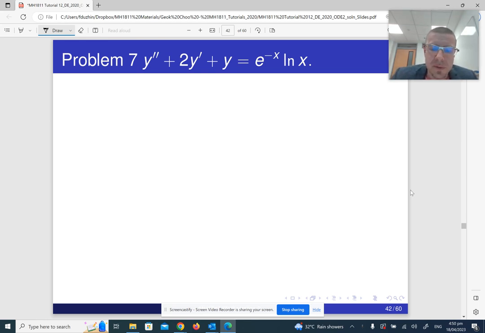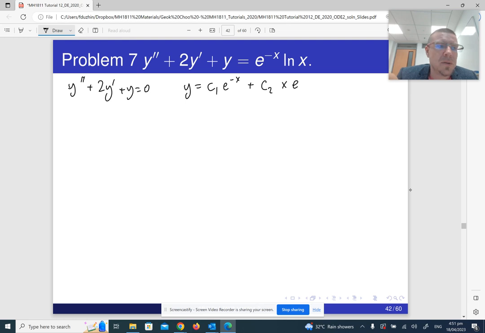The first step is to set up the corresponding homogeneous equation, right? So y double prime plus 2y prime plus y is 0. Then we need to solve it. Okay, so a long story short, the solution is c1 e to the minus x plus c2 times x e to the minus x.